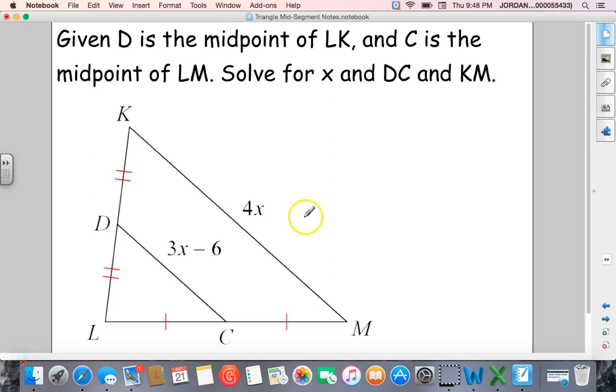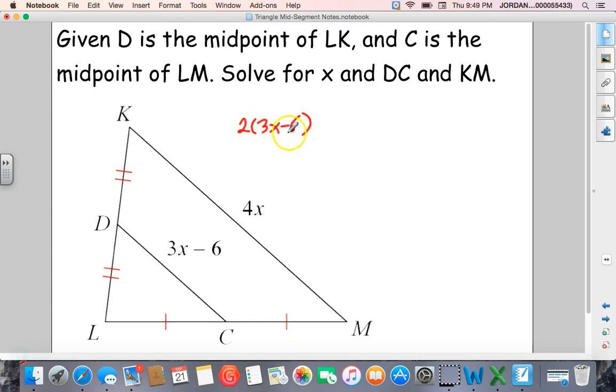Let's do something with algebraic problems. All right, so now we see this is our mid-segment because it's connecting the midpoint here, the midpoint here. So two of these should equal this. All right, so you can set this up a couple different ways. One way is you can say 2 and then in parentheses 3x minus 6.